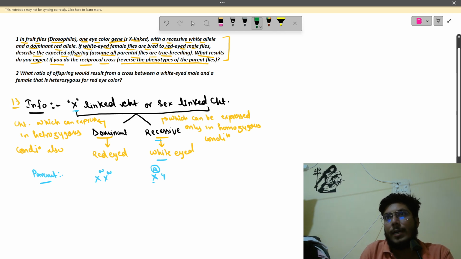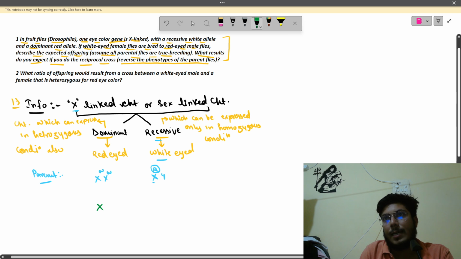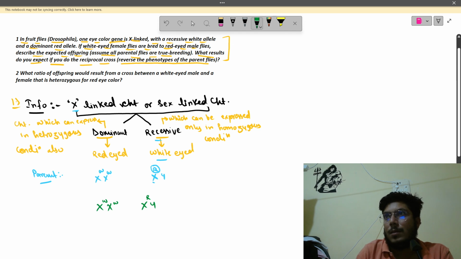So I am drawing it here. XW XW for the female, and XR and Y for the male. I am using pink or purple color for girls.